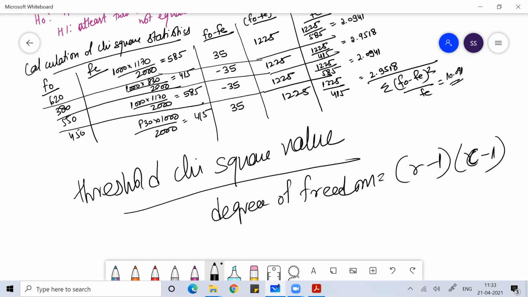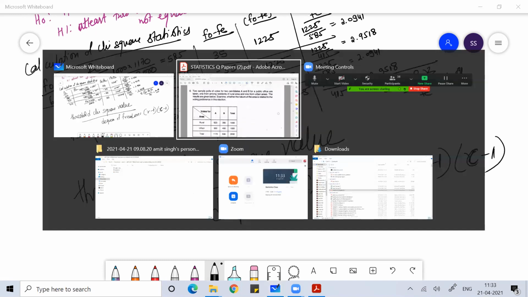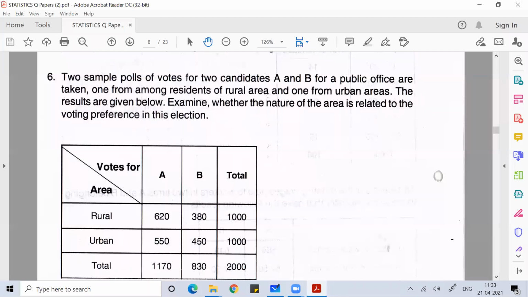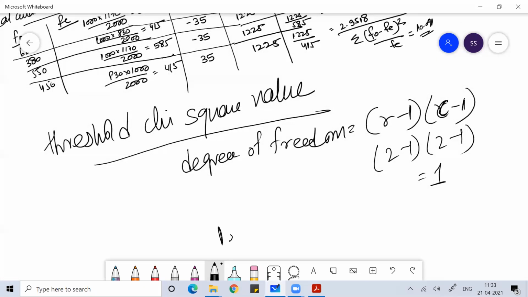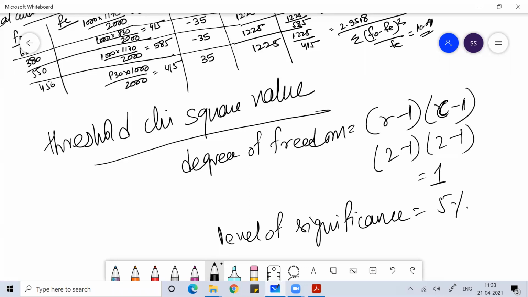You can see here two rows and two columns, so the degree of freedom will be 2 minus 1 into 2 minus 1, which is 1. Since the level of significance is not given, you can take it as 5%. Whenever the level of significance is not given, take 5%. So at level of significance 5% and degree of freedom 1, find the threshold chi-square value.